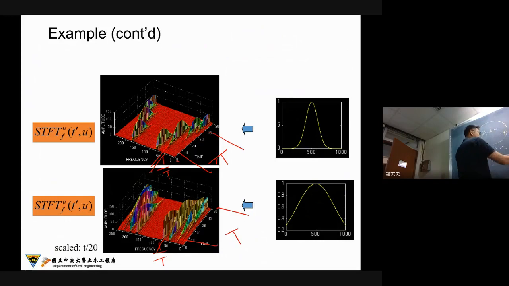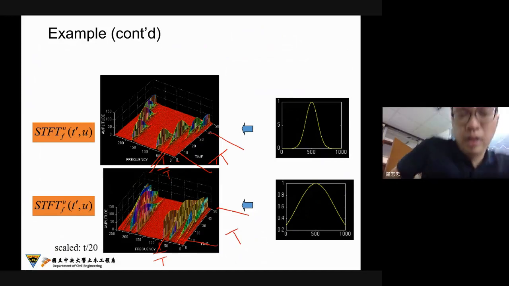But if you look at a very large window, it is fine, but this is just a very large time window. Just as I say, this is only for the invariant, sinusoidal signal. If you have a time variant signal, this is just the average.